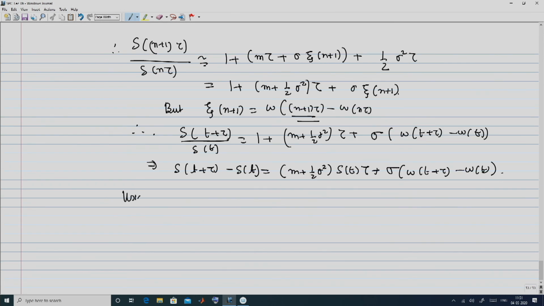Now one can make use of the central limit theorem, which we had mentioned in one of the earlier classes.